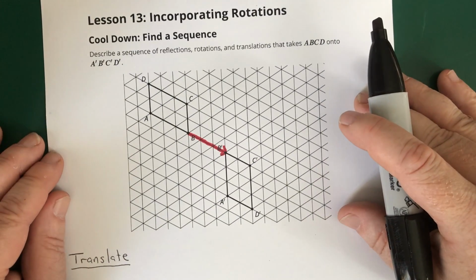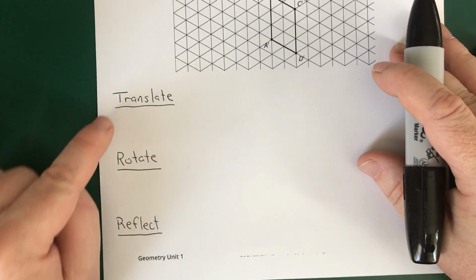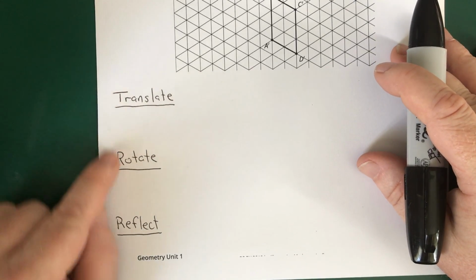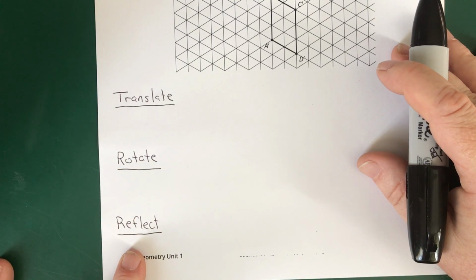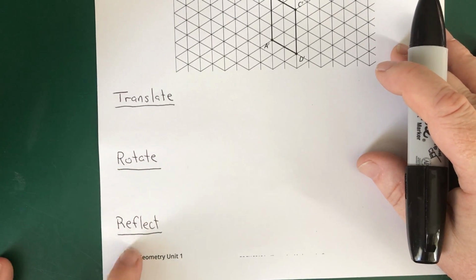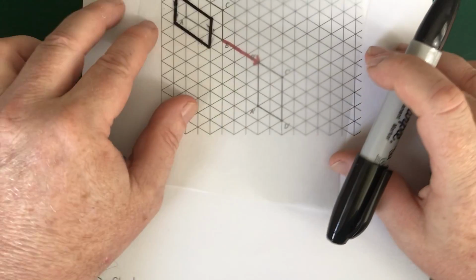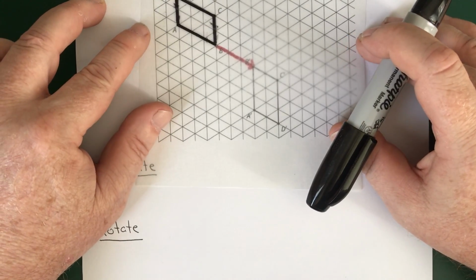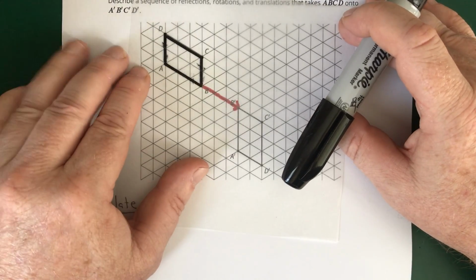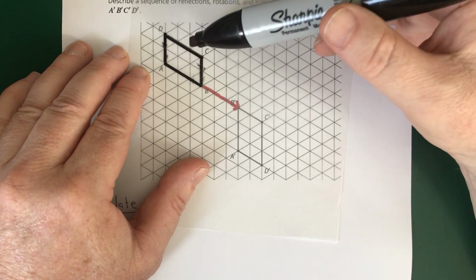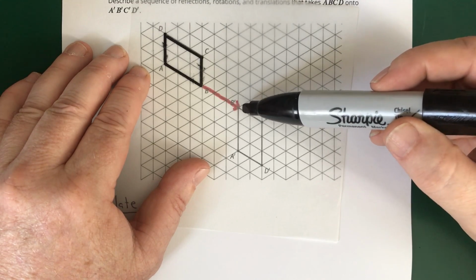All right, the way I recommend you do this is you always start with a translate, and then you do a rotate, and then you may need to do a reflection, but sometimes you don't need it. So we're going to start with the translation, and the object of the translation is going to be to get 1 point on the original to be in the correct place where the image is.